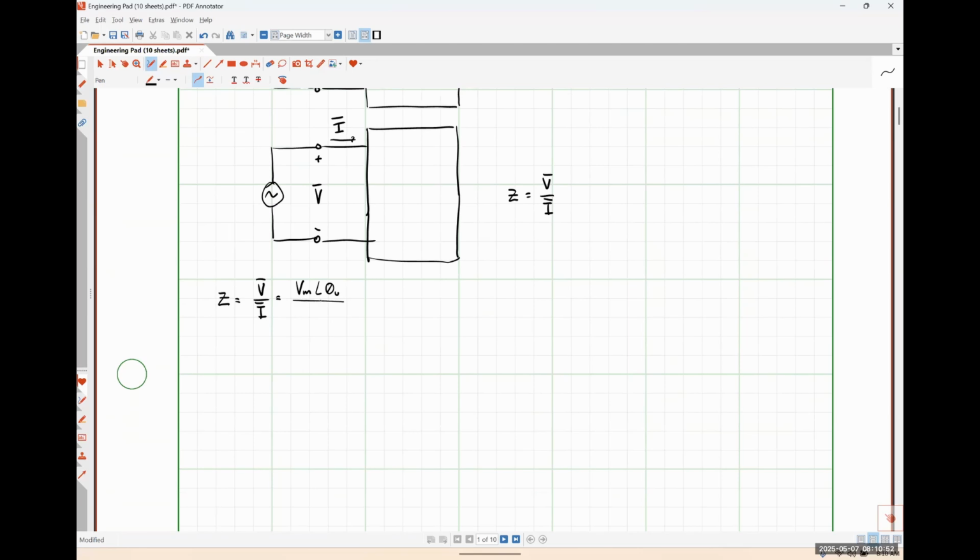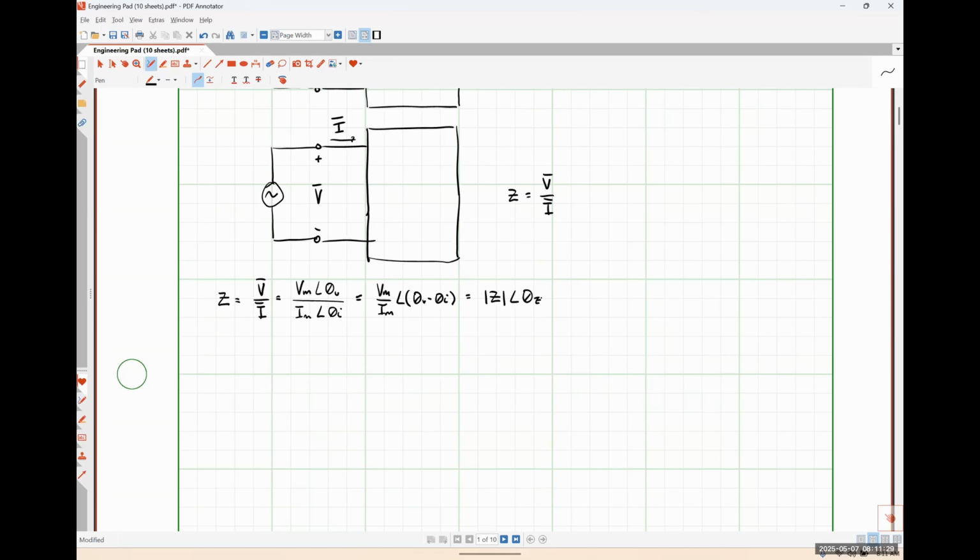In this case, it's a voltage, so that's Vm and theta V. Down here in the denominator, I'm going to have Im angle theta I. And using the rules for dividing exponential and polar form complex numbers, we should see that this comes out to be Vm over Im with an angle of theta V minus theta I. And we can put this in the form of the magnitude of Z with an angle of theta Z.